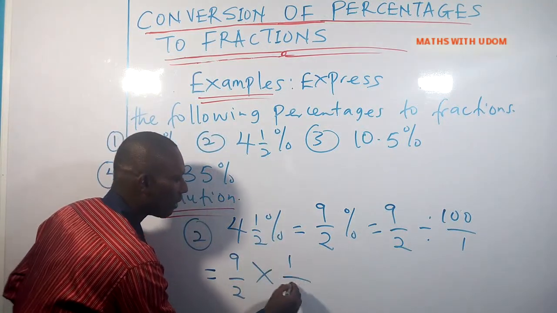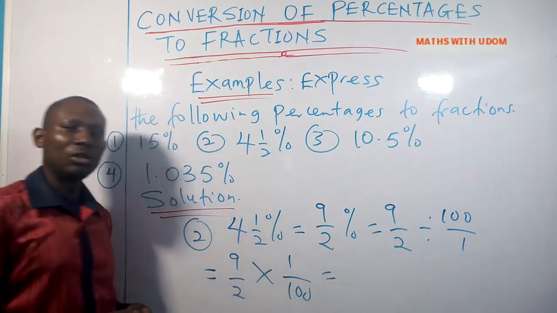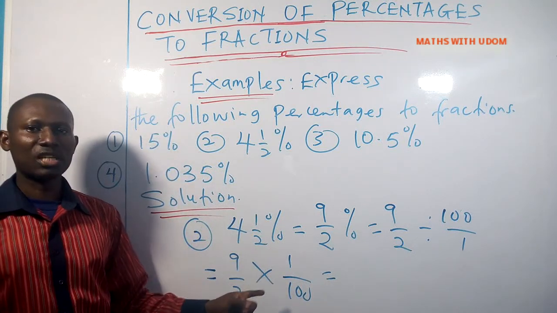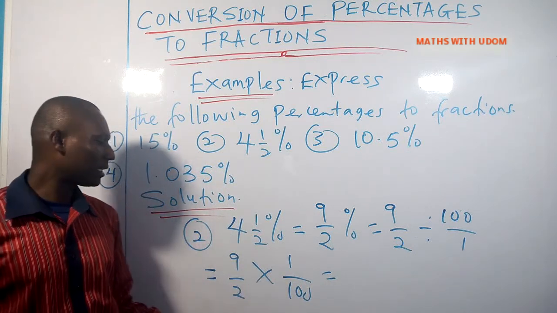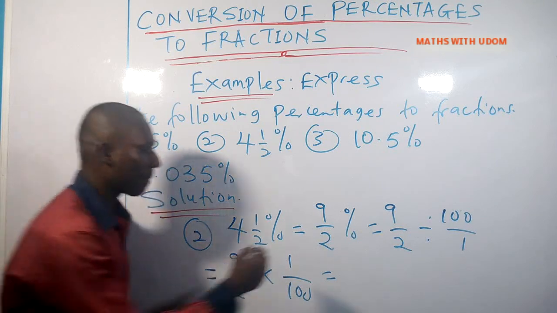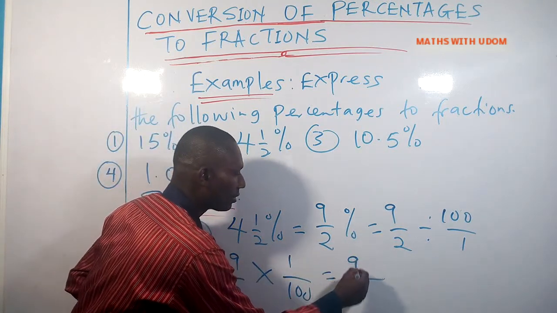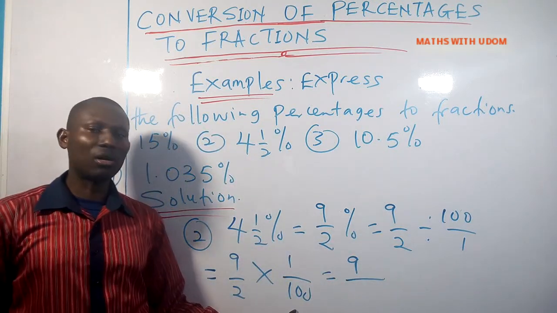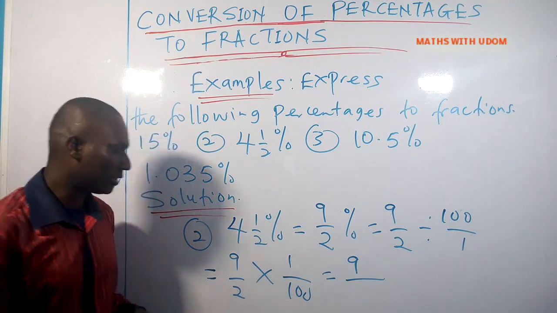So we multiply the numerators separately and the denominators separately. 9 times 1 is 9, divided by 2 times 100, which gives us 200.